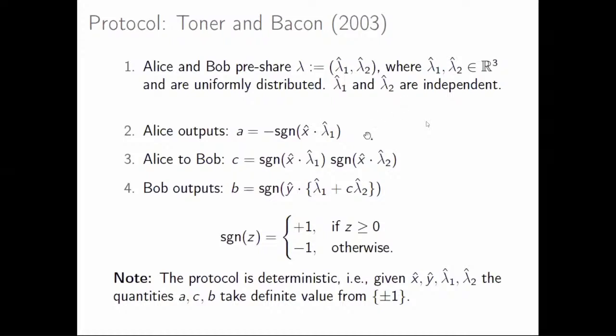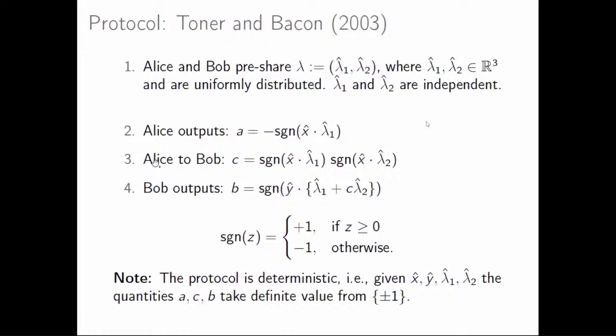Now Alice has to give an outcome when she gets a measurement X. She gives the outcome as minus the sign of the inner product of the measurement direction she gets and the lambda 1 vector, which she shares with Bob.